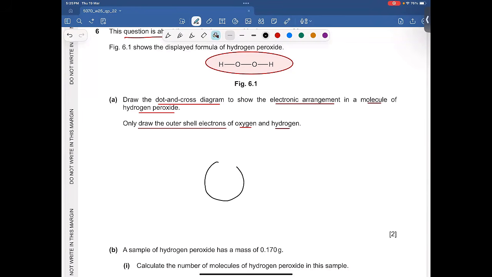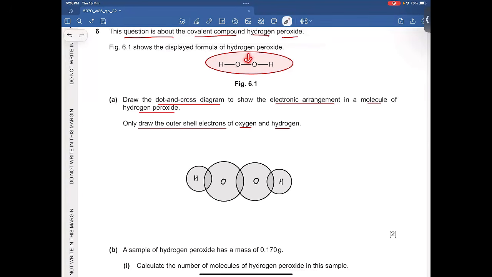This is an oxygen atom. This is another oxygen atom. And this is a hydrogen atom. And this is another hydrogen atom. Now oxygen has 6 valence electrons. And a single bond exists between the oxygen atoms, which means one electron of each element is shared together.